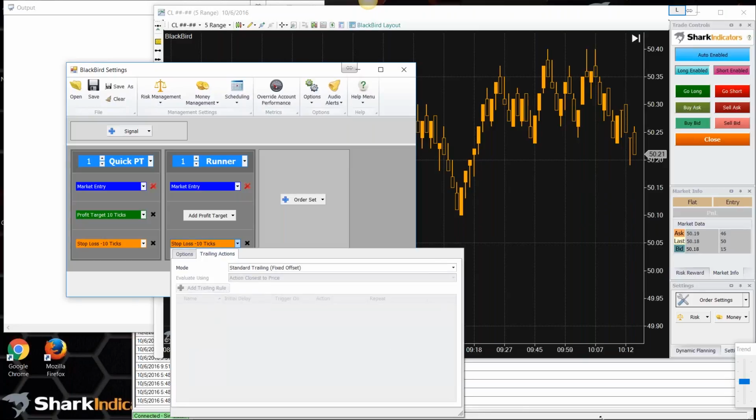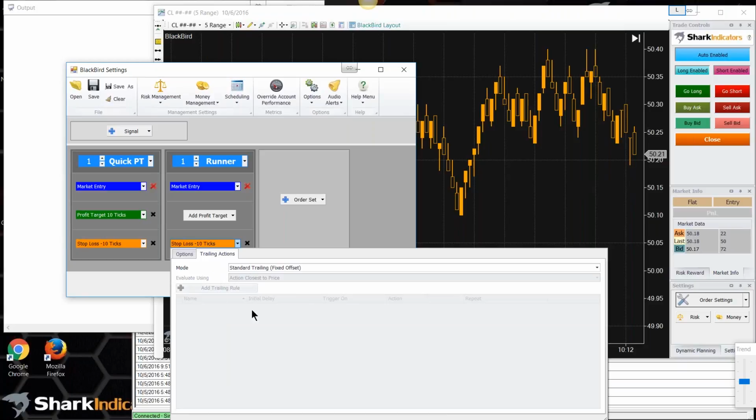When you start defining a lot of trailing action rules, at that point it can be kind of difficult keeping straight in your head why a stop loss may be moving or why it may not be moving, and so this output window gives you all kinds of information as to which trailing rules are being executed and which ones are not being executed and things like that.